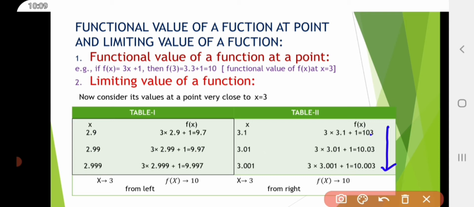When x is very close to 3, the function is very close to 10, that is f of x tends to 10. Understood?